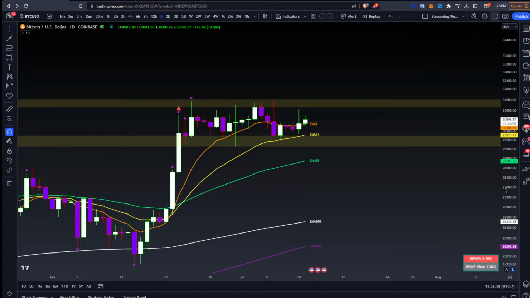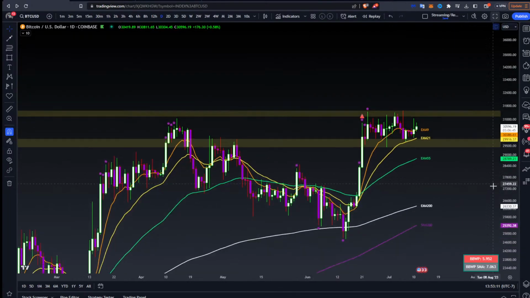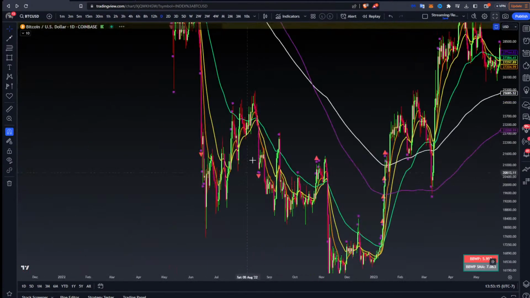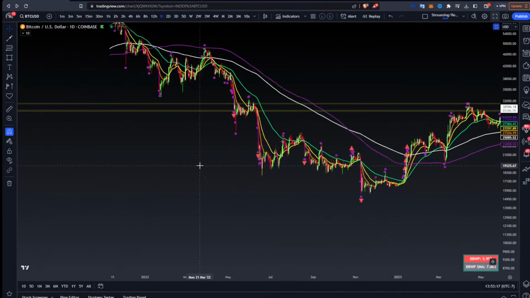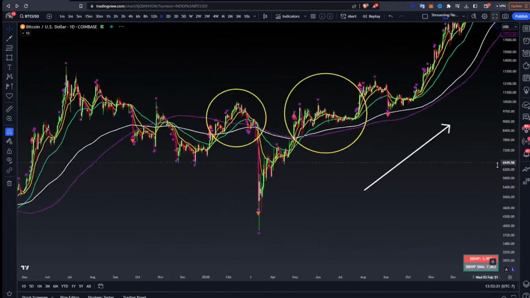I often play around with this, having a 50 SMA, but I also include the 200 SMA. I don't currently have the 50 SMA on this chart, but I did want to address something that I've been seeing going around on the macro analysis, kind of the macro analysis hot takes here lately.